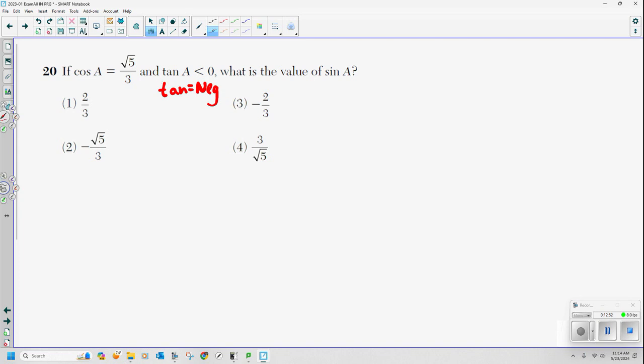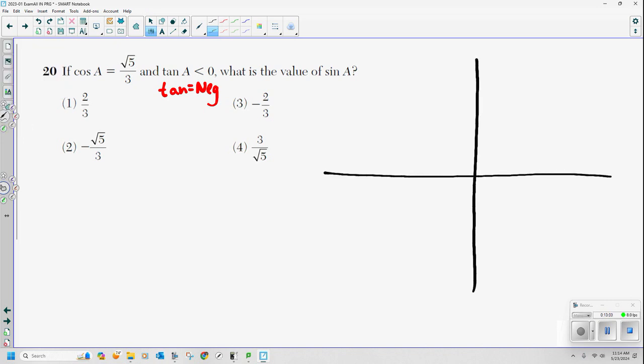All right, well, I'm going to do this right here. Be nice if that actually listened to me, and by listened, I mean responded with the color I wanted. So my cosine here is positive. My tangent is negative. Okay?